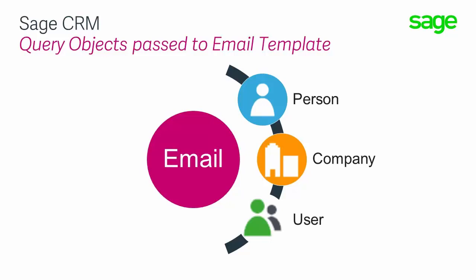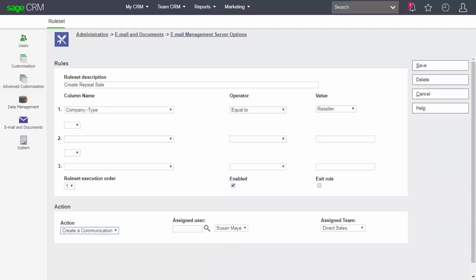The query objects are passed to the scripts, but these objects are also available to check by the rule sets themselves. And so, as you can see here, we can create a communication based on a certain condition. So this is calling the particular action.